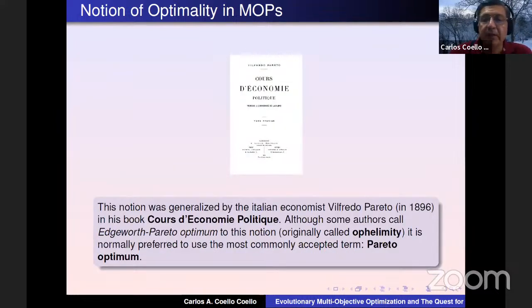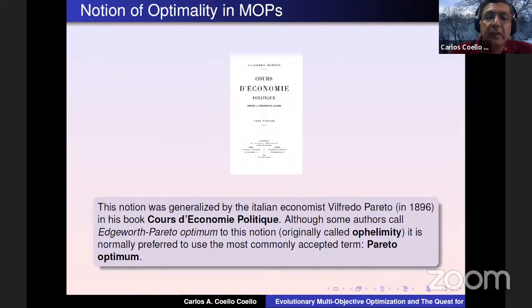However, it was Vilfredo Pareto, an Italian economist, who managed to generalize this notion. But it has to be said that Pareto was not aware of Edgeworth's proposal, so he rediscovered, in a way, the same definition. But since he was able to generalize it for any number of objectives, he is normally given the credit for this definition of optimality.